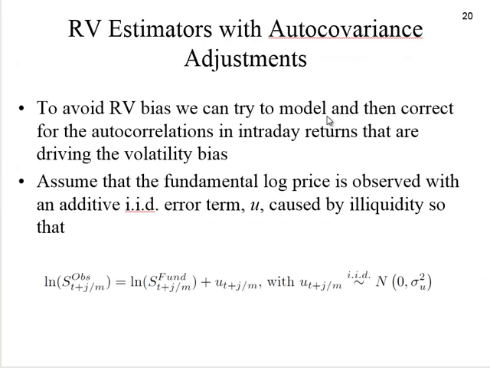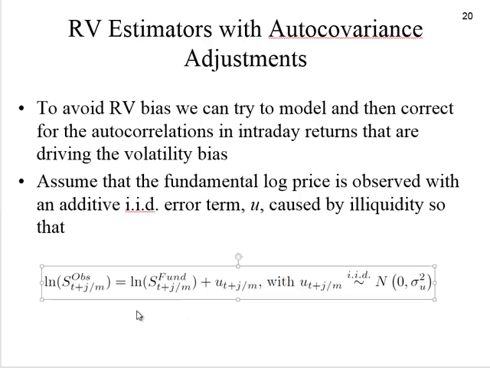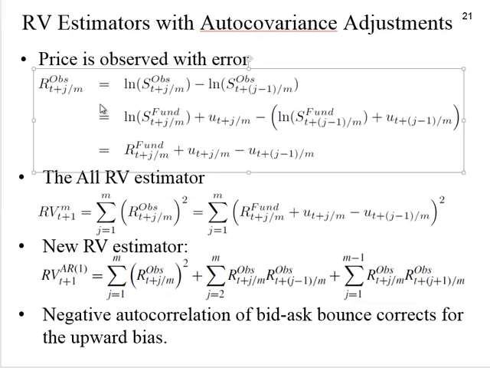The next estimator is the RV estimator with the Autocovariance Adjustments. This is going to remove the bid-ask bounce problem. We assume that the log price is the fundamental price plus some kind of error. This error is capturing the bid-ask problem. When computing the observed return, two error terms arise. These error terms appear in the All RV Estimator 1 and 2.